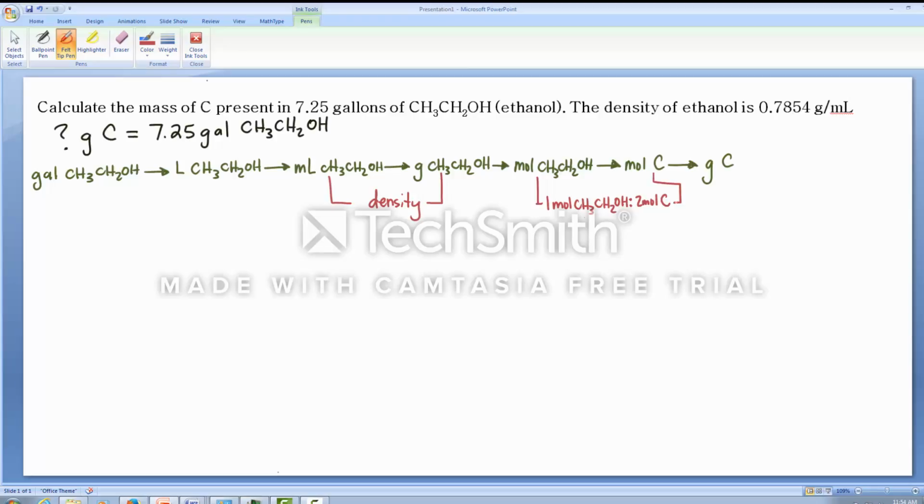That lets us go to that step. And these other steps from grams to moles, you're already or should be familiar with.